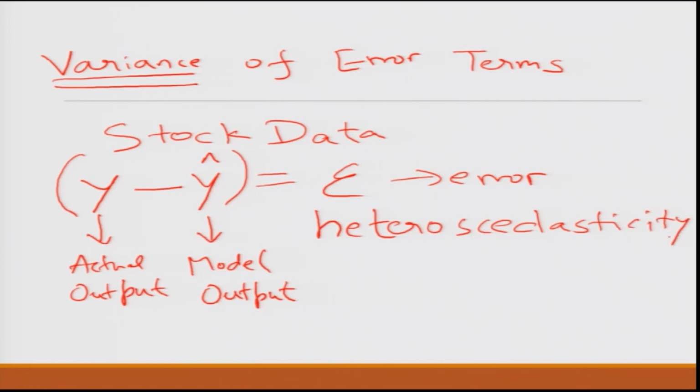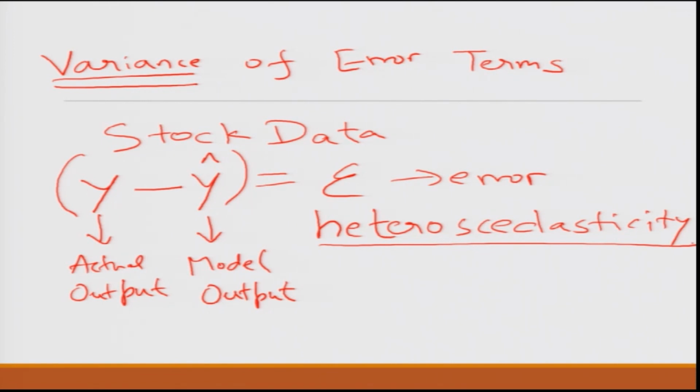So, heteroscedasticity means that your error terms show a variance. Ideally, when you do a regression, the assumption is that all your errors are the same. There is no variation across errors. So, the variation is almost minimal.